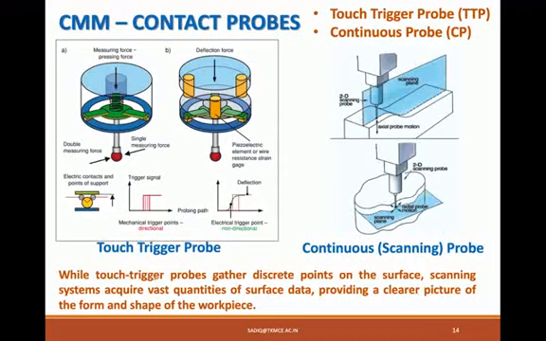So while touch trigger probes gather discrete points on the surface, scanning systems, that is the continuous probes, acquire a vast quantity of surface data, providing a clear picture of the form and shape of the workpiece. Even for complex workpieces, the profile can be traced by a continuous probe.